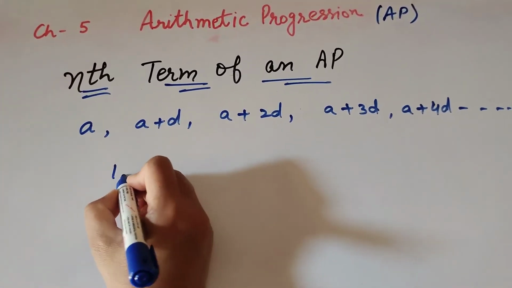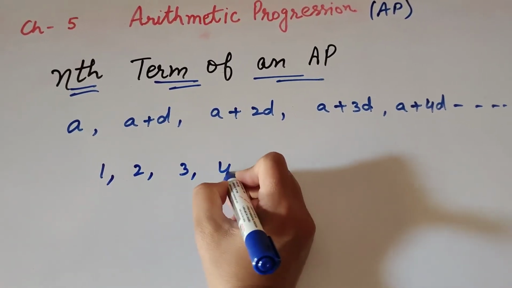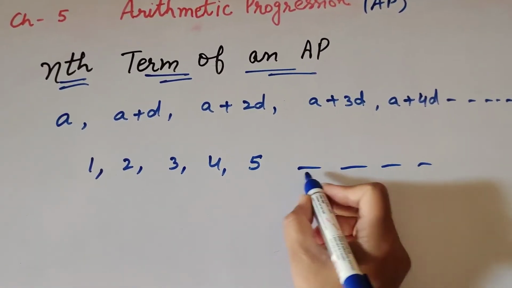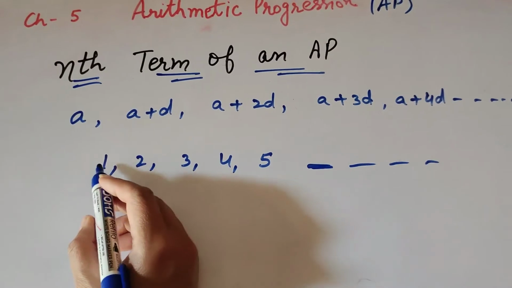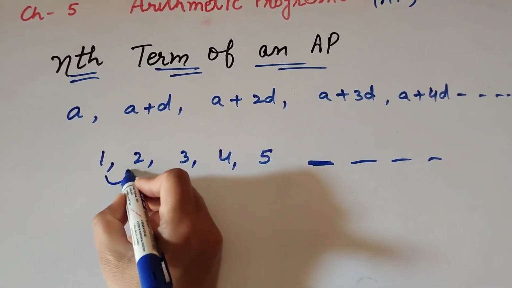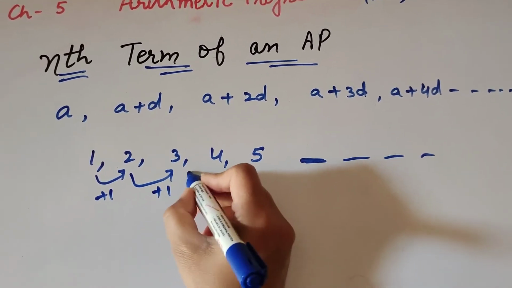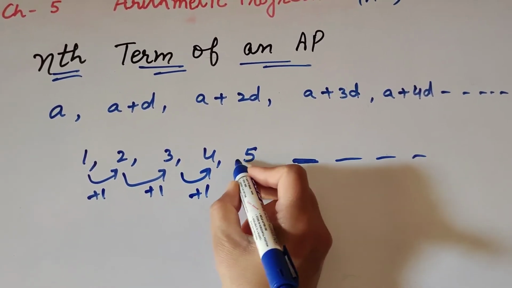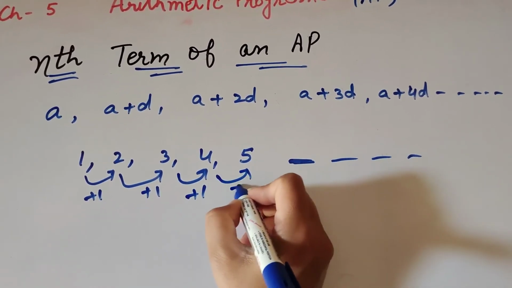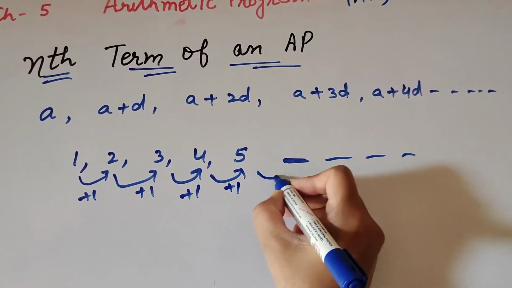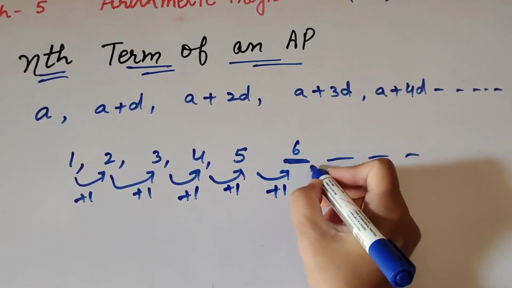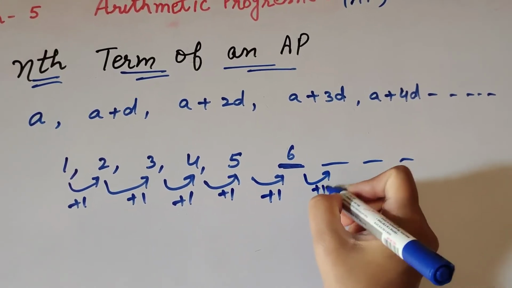Here the given series is 1, 2, 3, 4, 5, and so on. It is easy to find because when we add 1 to 1, we get the next number. Again we add 1 to 2, then we get the next number. When we add 1 to 5, we get the next number 6, and so on.